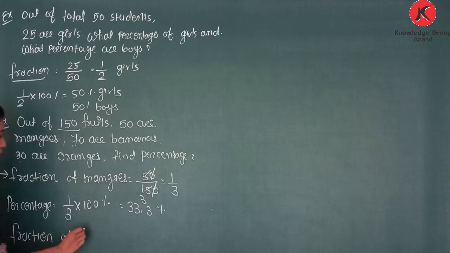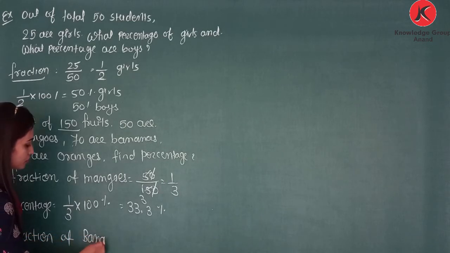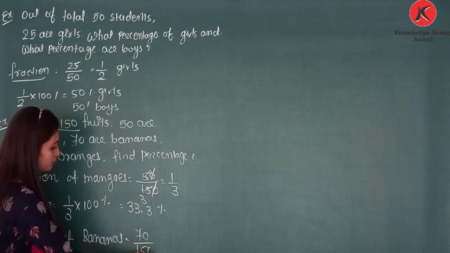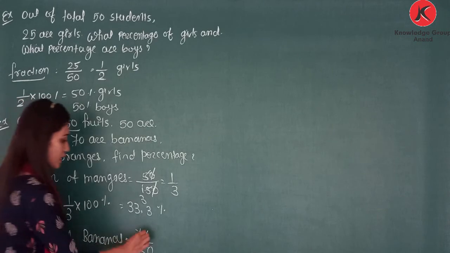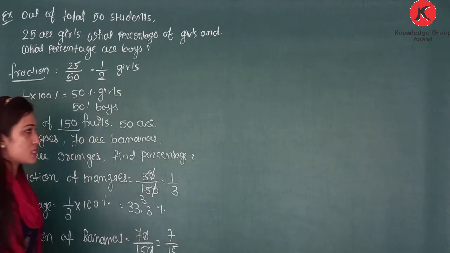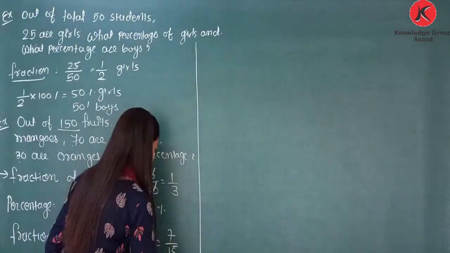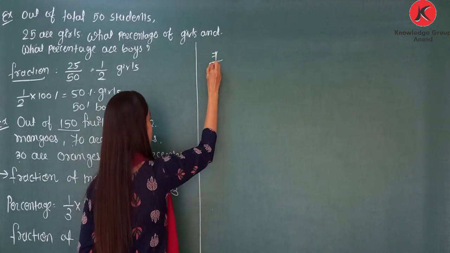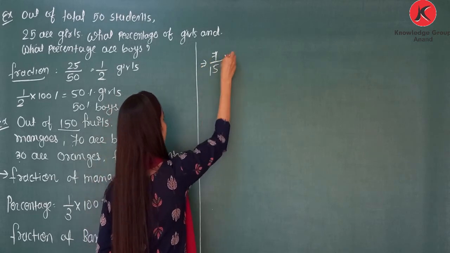Now fraction of bananas. So it is 70 by 150. So here as a fraction it is 7 by 15. To find the percentage, 7 by 15 multiplied with 100.